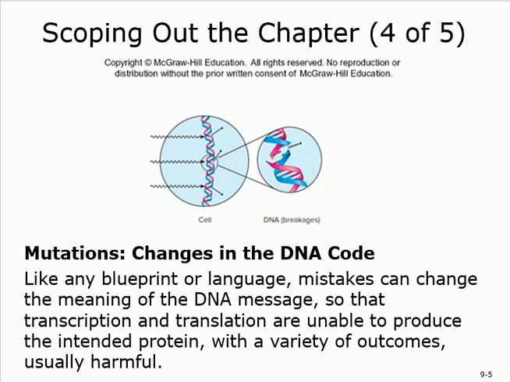It doesn't have to be the wrong protein. It can be no protein. In all cases, most of the time, this is something that's usually harmful. Occasionally, it's not harmful. We will see. But most of the time, it is. This is if something happened to any code.